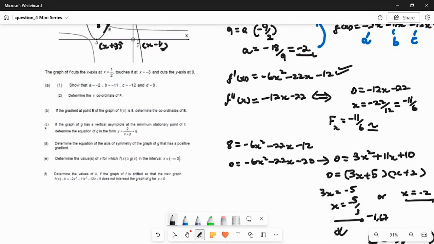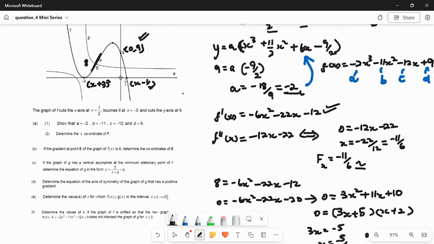Now, question number C. If the graph of g has a vertical asymptote at the minimum stationary point of f, determine the equation of g in the form y is equal to 2 divided by x plus p, plus q. So now we are required to find the equation of that hyperbola.